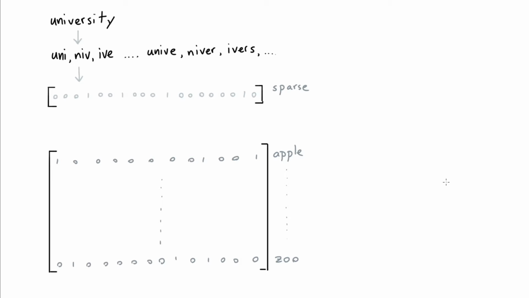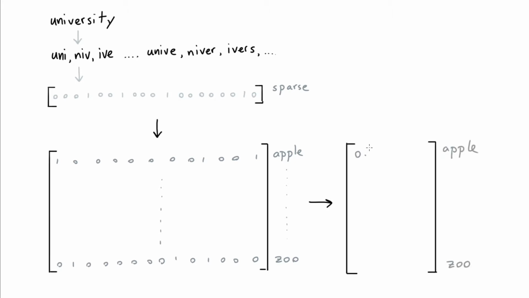Now these count vectors are sparse, and that's fine, but let's say that I'm interested in having them be dense. What I want to do is reduce the dimensionality of this big sparse matrix into something that is maybe just a little bit more dense. So the idea is to go from the matrix that you see here on the left to something that's a little bit more like the matrix that you see here on the right.